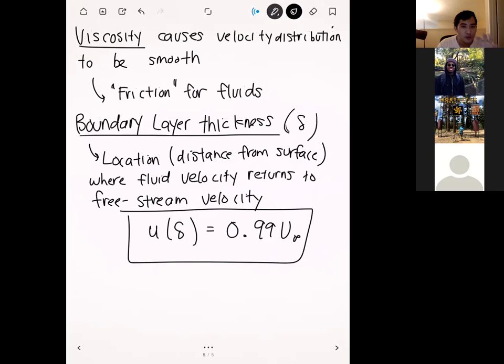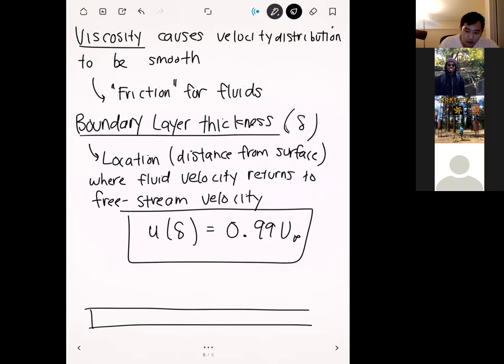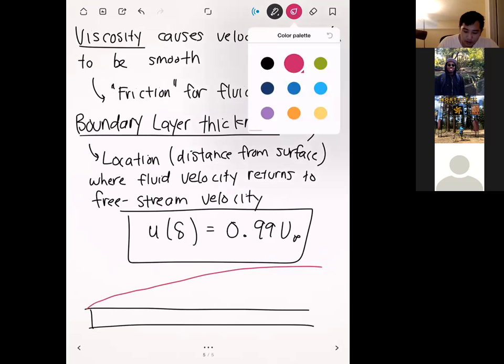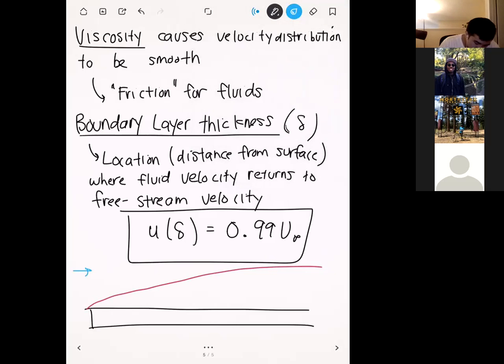Now that we've established what the boundary layer is, let's talk about the differences between the boundary layer, which I'll define to be one region, and the other region, which I define as the free stream. Let me draw our surface again, and then I'll draw the boundary layer on top of this. Remember, this is occurring because we have fluid flowing this way. The two regions we'll talk about are these two.